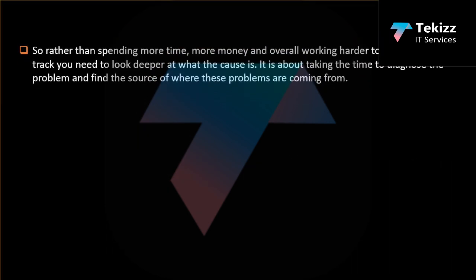Rather than spending more time and more money and overall working harder to get back on track, you need to look deeper at what the cause is. It is about taking the time to diagnose the problem and find the source of where these problems are coming from.